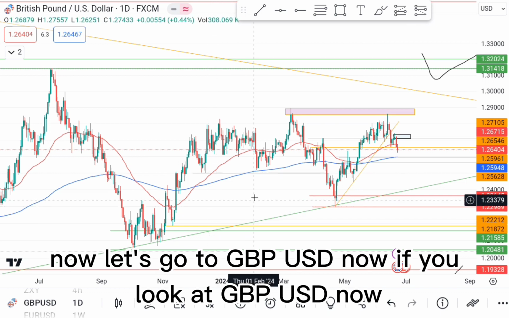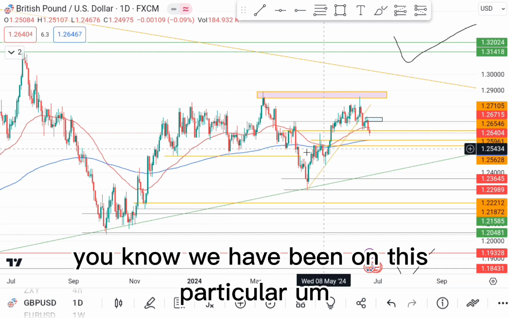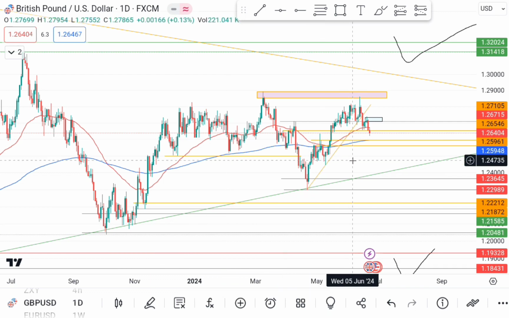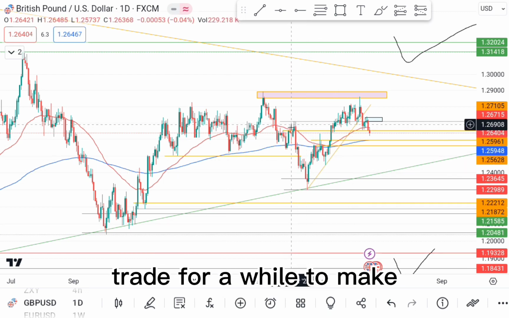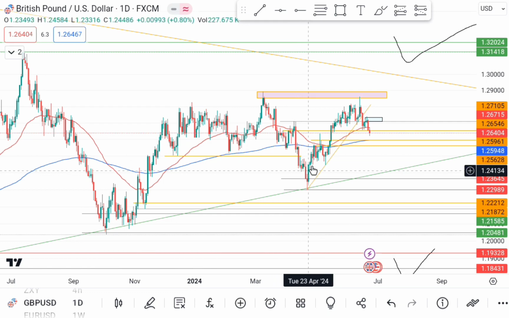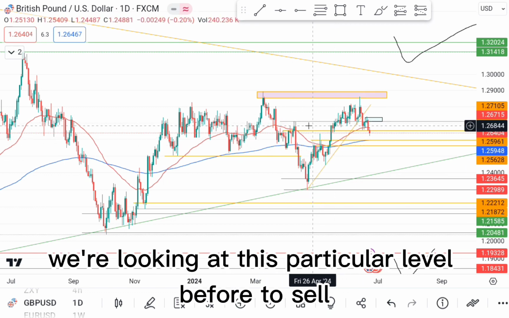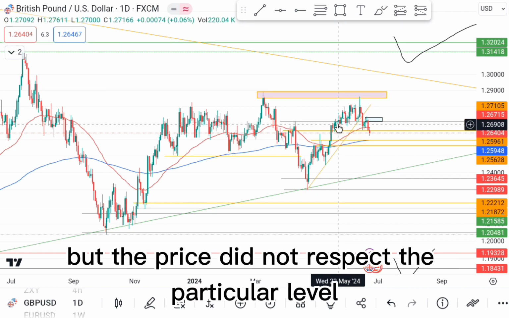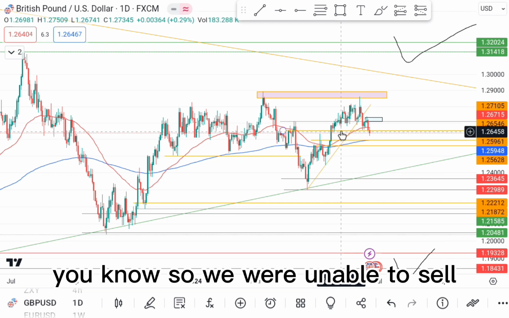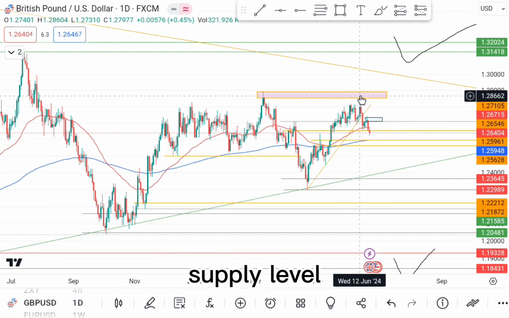Now let's go to GBPUSD. If you look at GBPUSD now, we have been on this particular trade for a while. If you have watched my previous video on my analysis on GBPUSD, we were looking at this particular level before to sell, but the price did not respect that particular level, so we were unable to sell, and the price broke that level to test the next supply level.